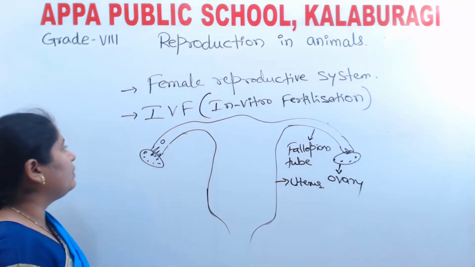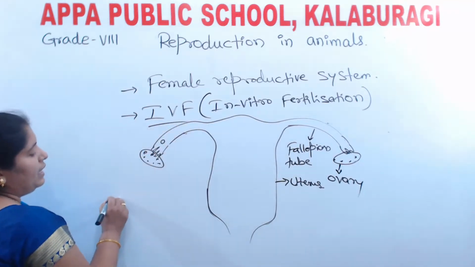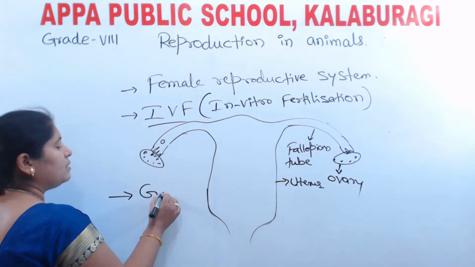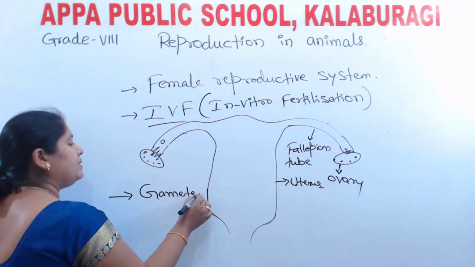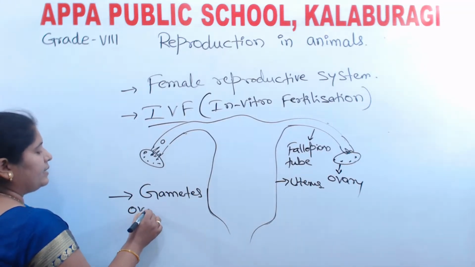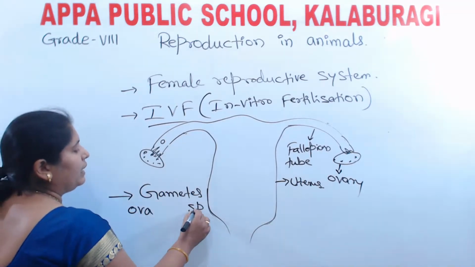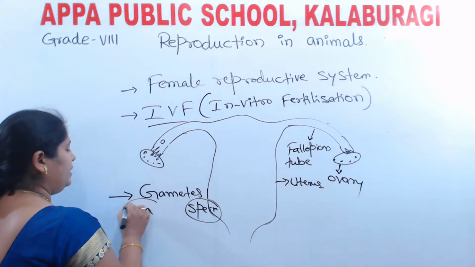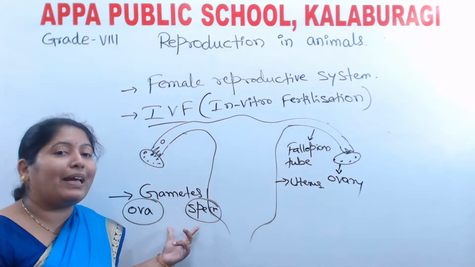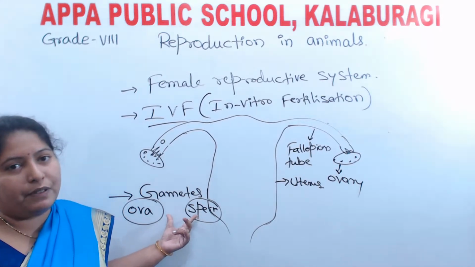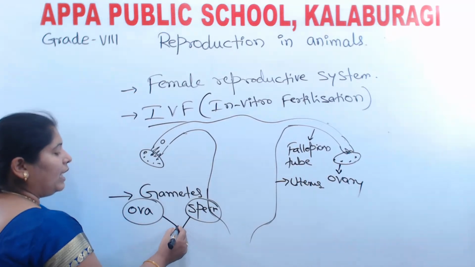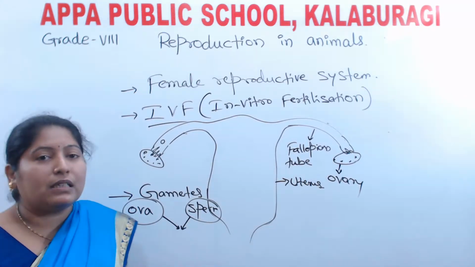Here they collect the gametes of both the parents, that is, ova is collected from the mother and the sperms are collected from the father, right? And these two gametes are allowed to fuse together outside the body of the female, under laboratory conditions.